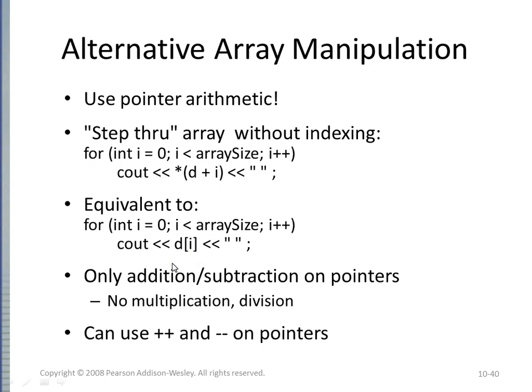So now in the lab, specifically, we're going to give you a question and say, solve the question using array notation, and then solve the problem using pointer notation. Okay, so we have to be familiar with both of them. But at the end of this loop, to which element will D be pointing at?